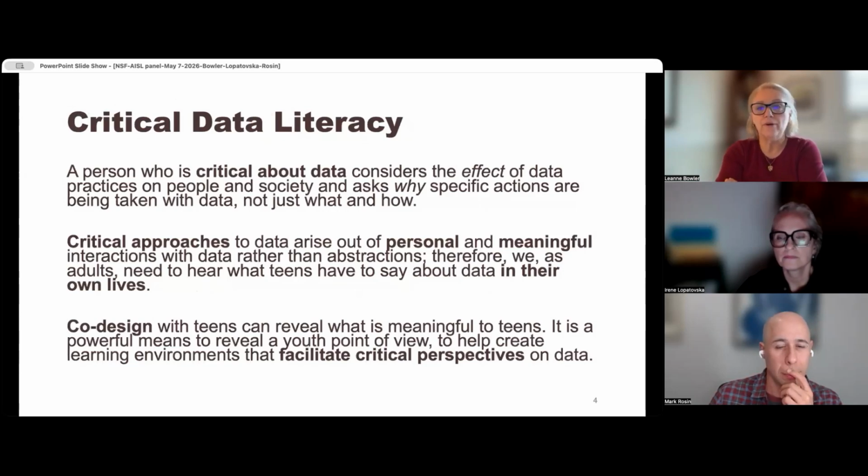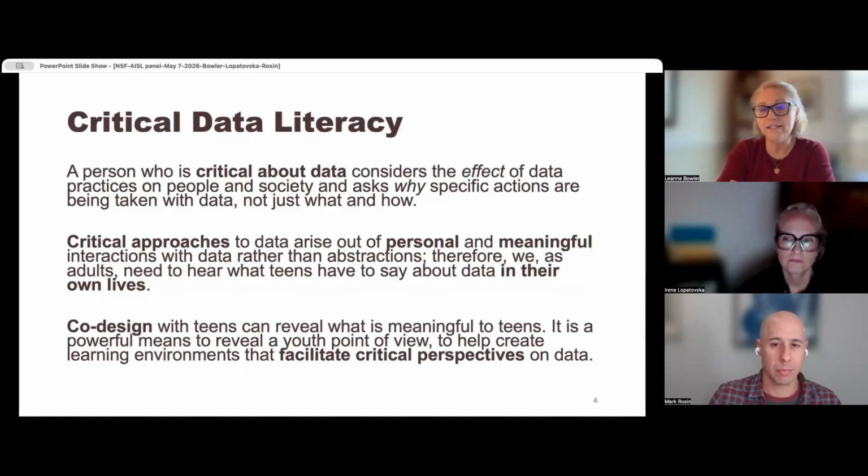So we were thinking about critical data literacy, and a person who is critical about data considers the effect of data practices on people and society and asks why specific actions are being taken with data, not just what and how. And we thought that these critical approaches can arise out of personal and meaningful interactions with data.